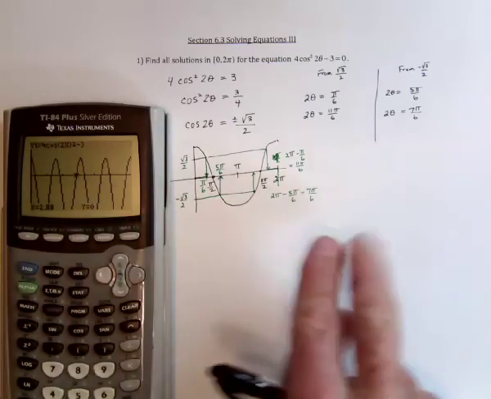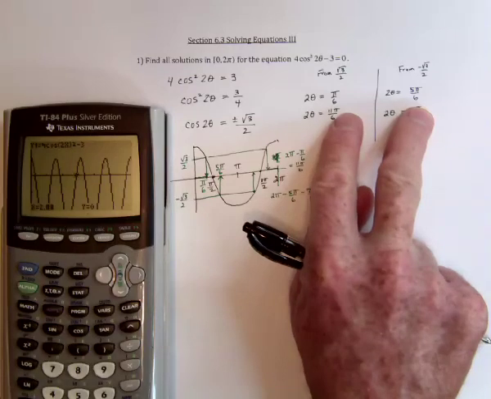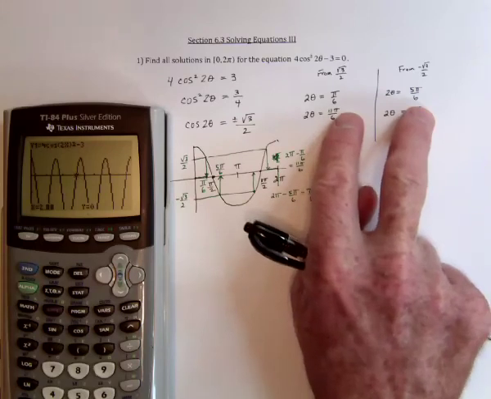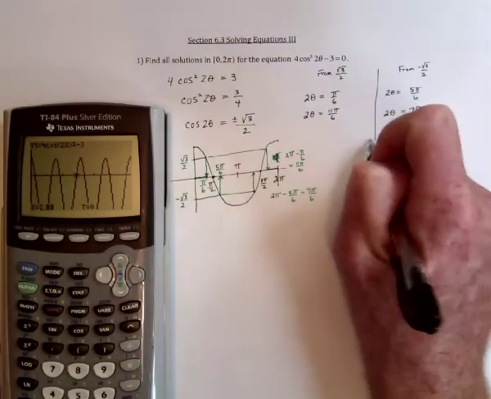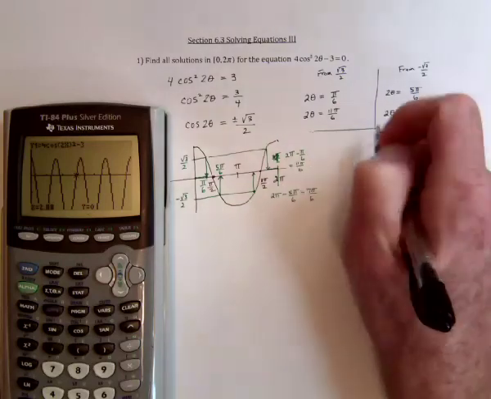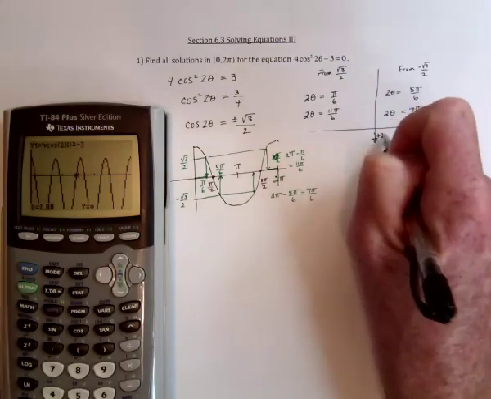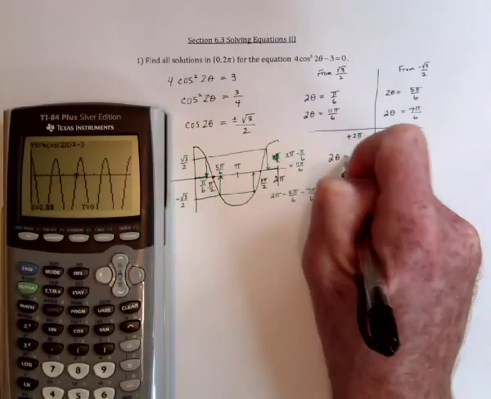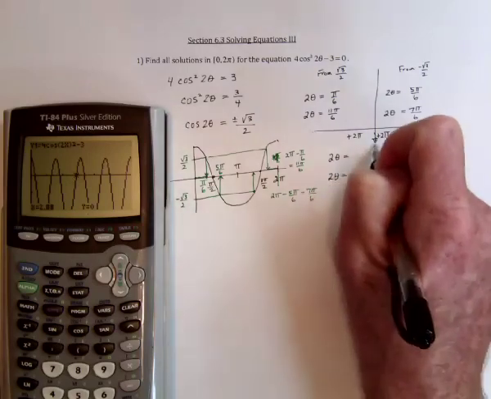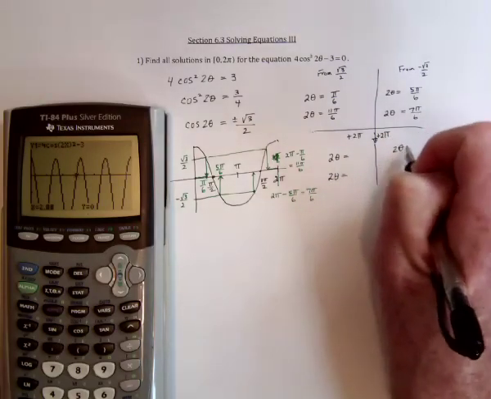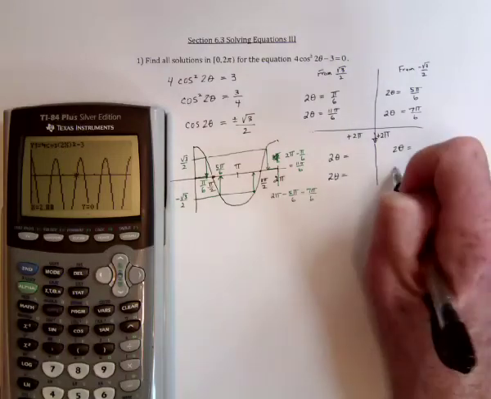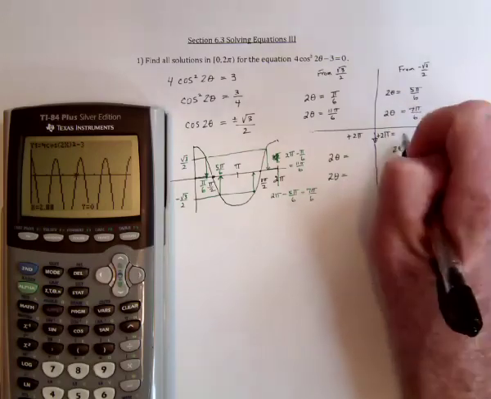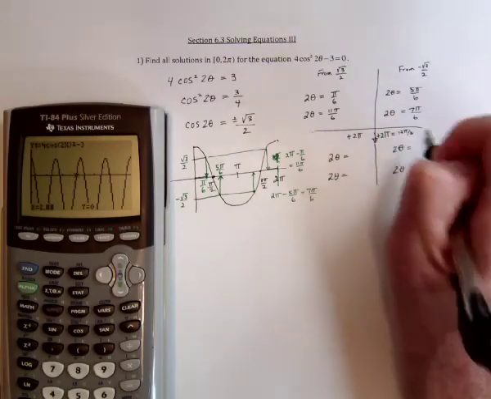Now to get these other 4 solutions, I need to take these guys, before they were divided by 2, and add 2 pi to all of them. So it's going to be 2 theta equals, since I need the fraction 6, 2 pi is 12 pi over 6.